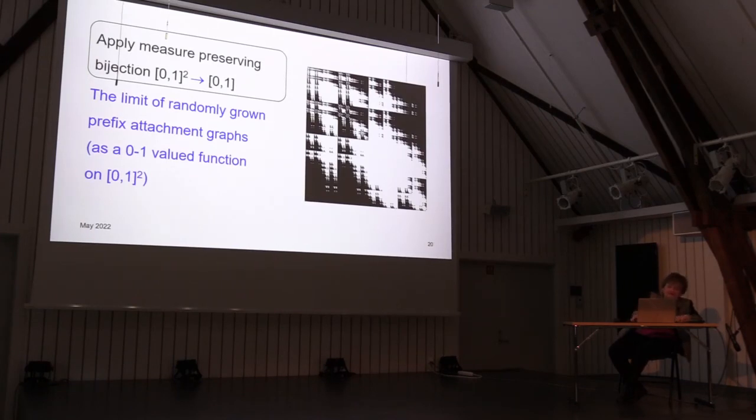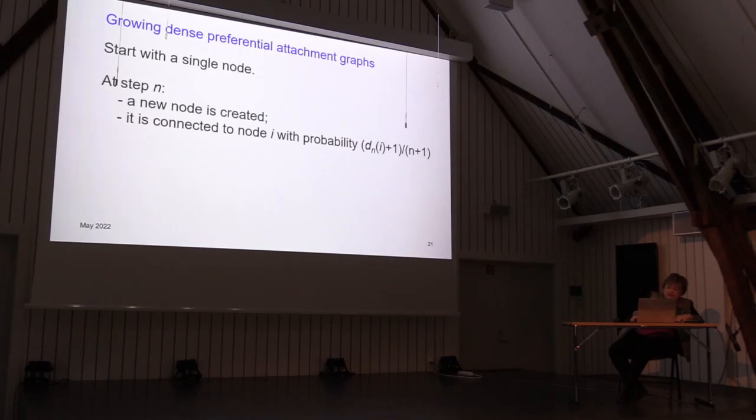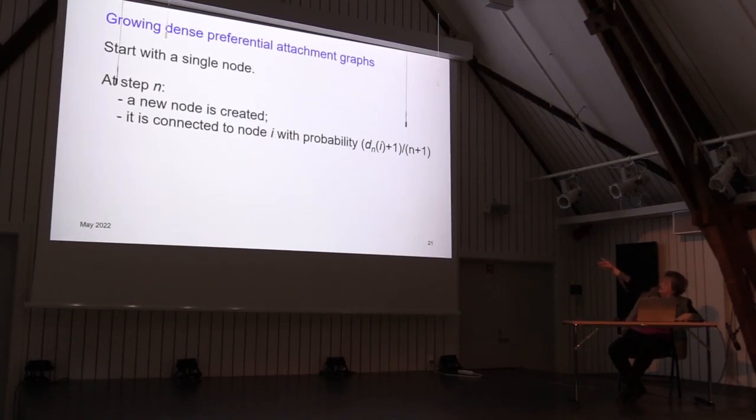And my last example is my favorite. Start with a single node, and at step n, a new node is created, and it is connected to node i with probability the degree of i at that point plus 1 over n plus 1.